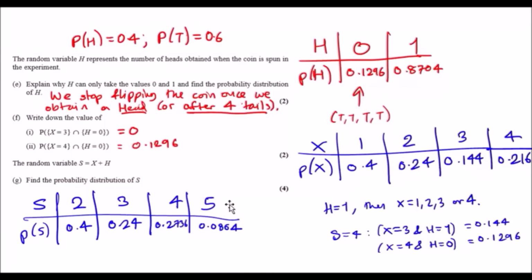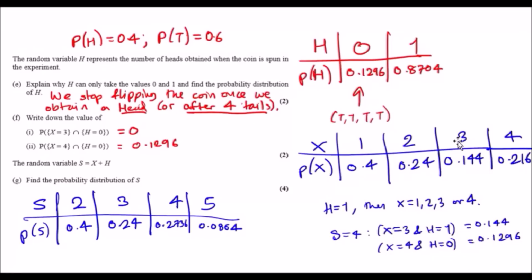Now 4 and 5 is a bit more complicated, because to get S equals 4, there are 2 options. You could either get X equals 3, get head on the third, and so that means H is 1, so that makes 4. Or you could do 4 spins and get 4 tails, and that way you got 0 heads. So X equals 4 and H equals 0 also gives 4. Now what I just did, I just worked out their probabilities.